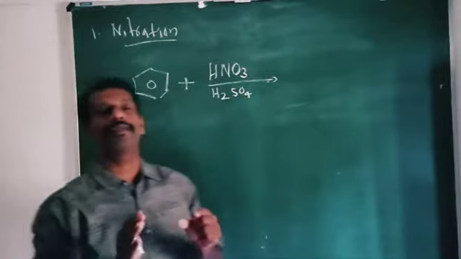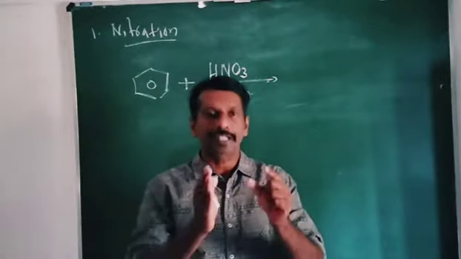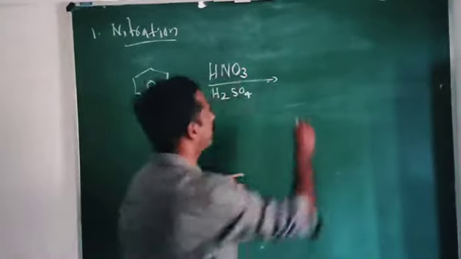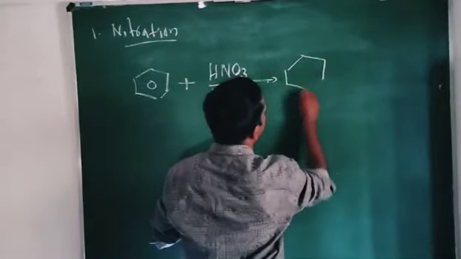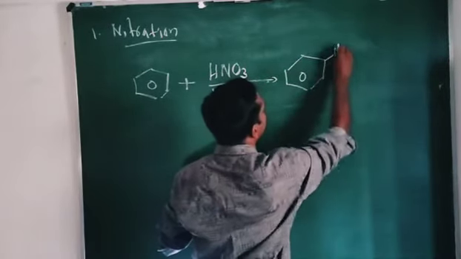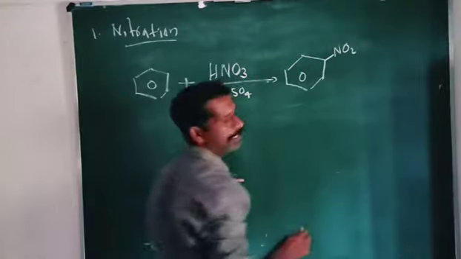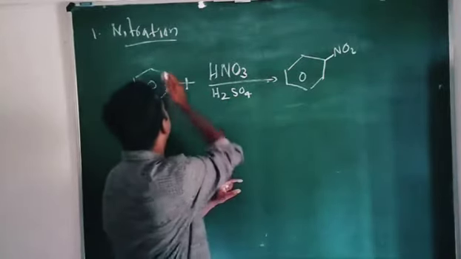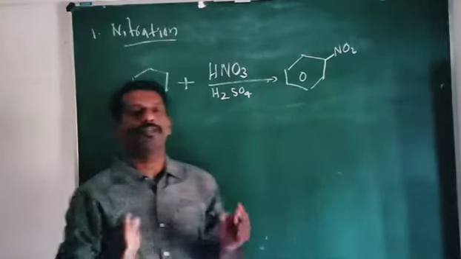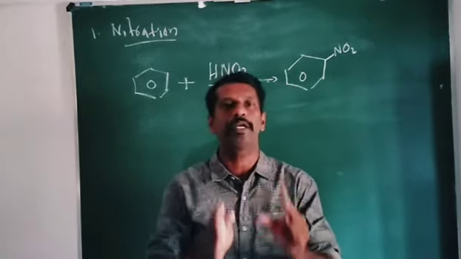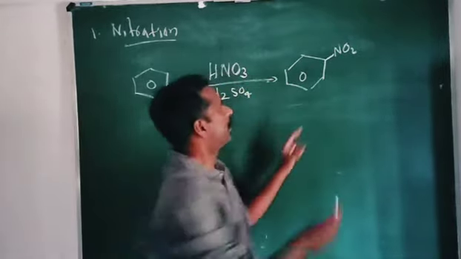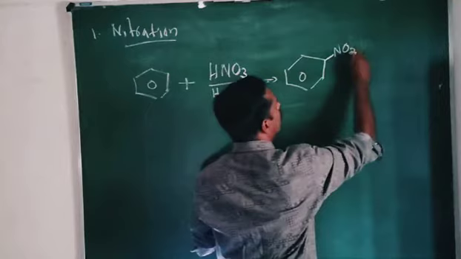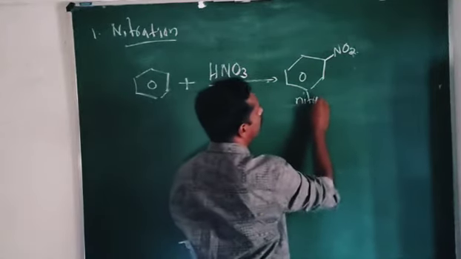What do you mean by nitrating mixture? It's a mixture of concentrated HNO3 and concentrated H2SO4. We get nitrobenzene, C6H5NO2. This reaction is known as nitration. Reaction of benzene with a mixture of concentrated HNO3 and H2SO4 gives nitrobenzene.